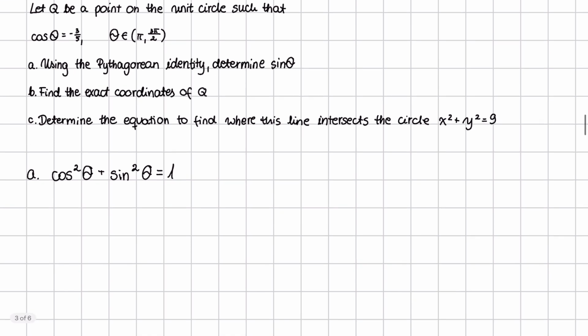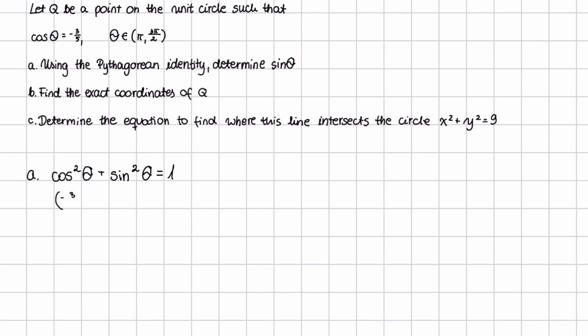So this is our formula. So now we have to substitute our cosine. So in bracket we have negative 3 over 5 squared, and sine for now stays the same, equals 1.